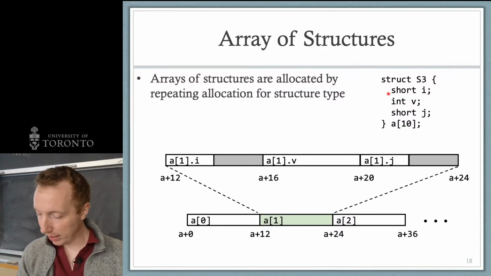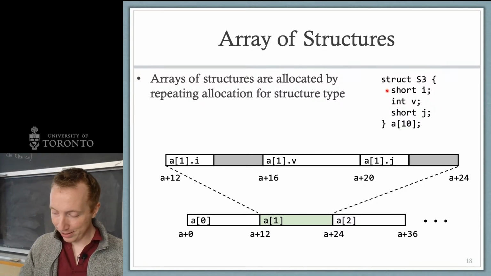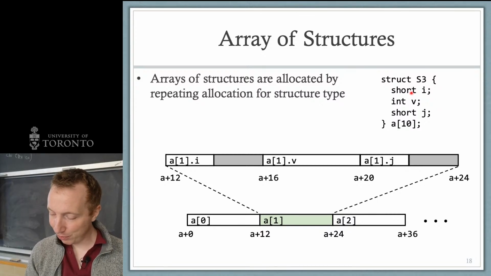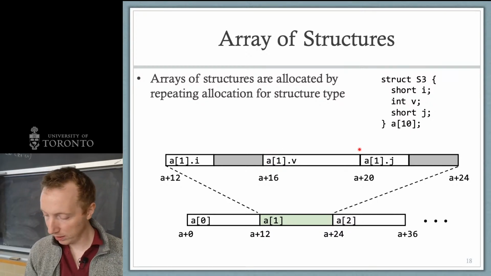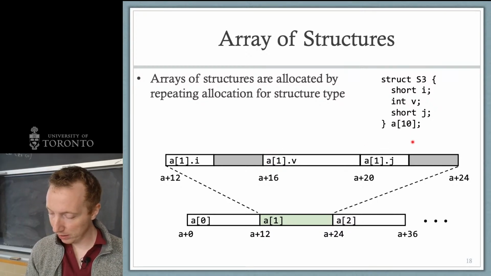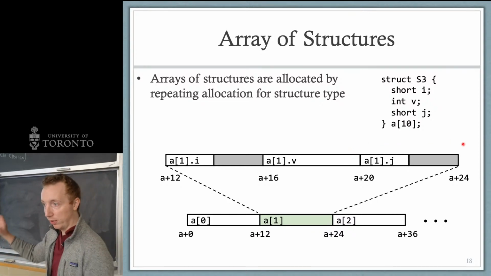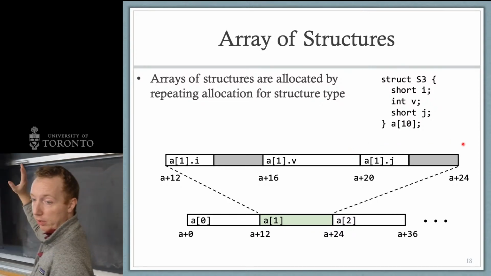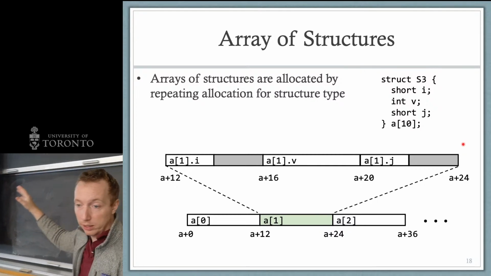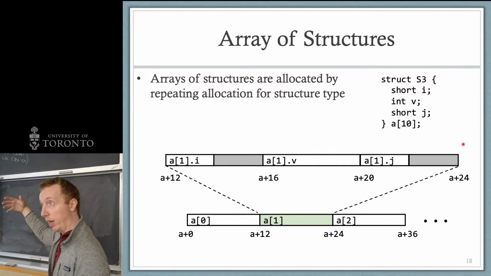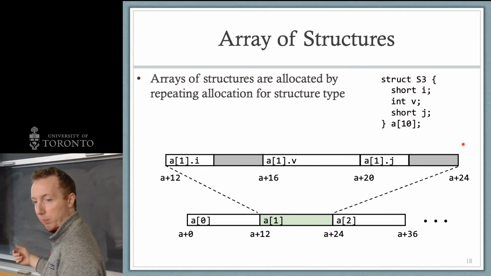But since it starts with a short, that would be 2 bytes, then 2 bytes of padding, then 4 bytes for the int, then 2 bytes of padding, then 2 bytes for the short, then 2 bytes of padding. So each of my S3 structs here is 12 bytes, and 4 bytes are lost to padding.